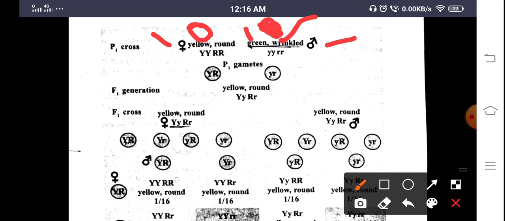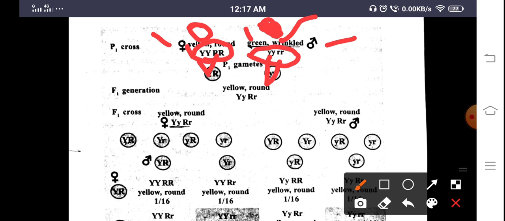So when we cross these, before crossing they produce gametes. The gametes are capital Y, capital R, small y, small r. Let us take capital Y and capital R, here small y, small r.